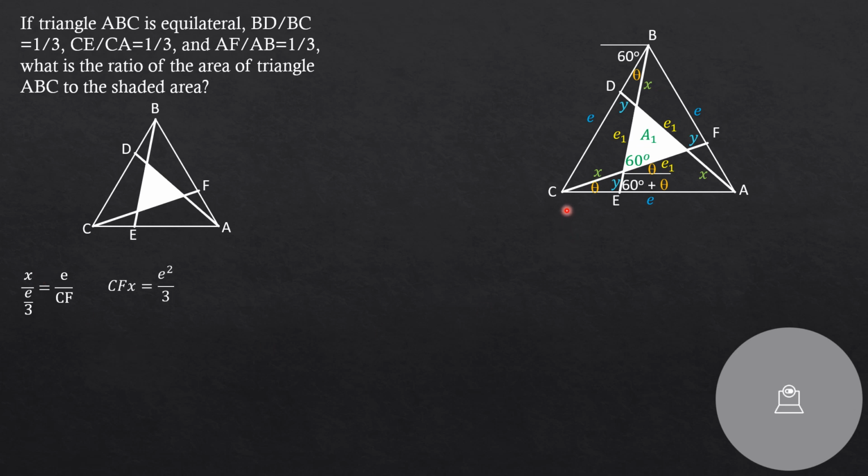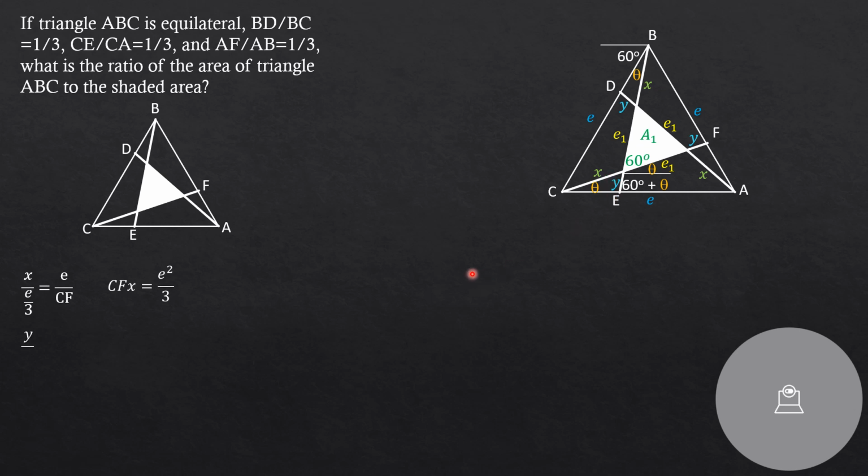Likewise, we have Y as to E over 3, where Y is opposite of theta, as to E over 3, which is CE, is equal to, for this big triangle, it is AF, which is 1/3 of E, opposite of theta as to CF, opposite of 60 degrees, because we have CE here, 1/3 of E, opposite of 60 degrees.